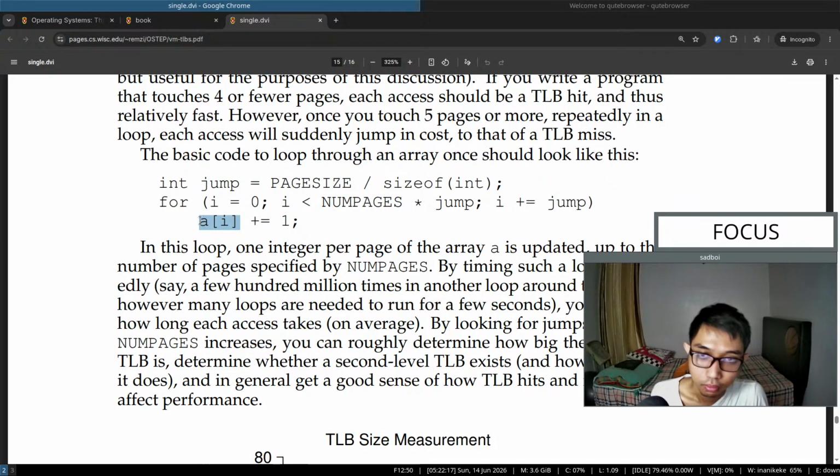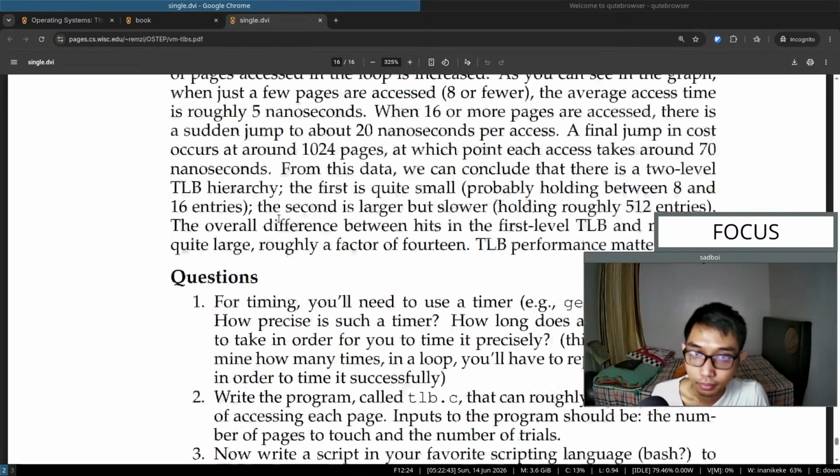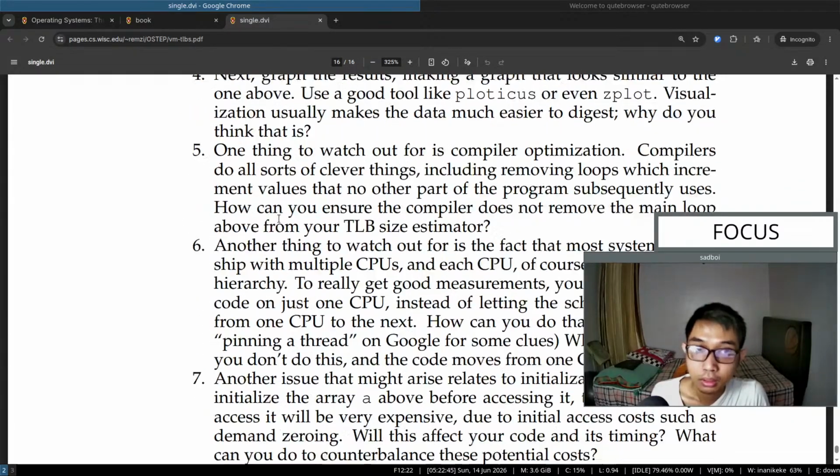We have an initial value for each array because we are adding 1 there. Maybe.